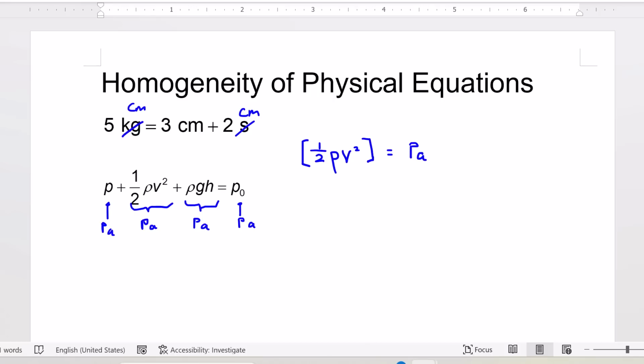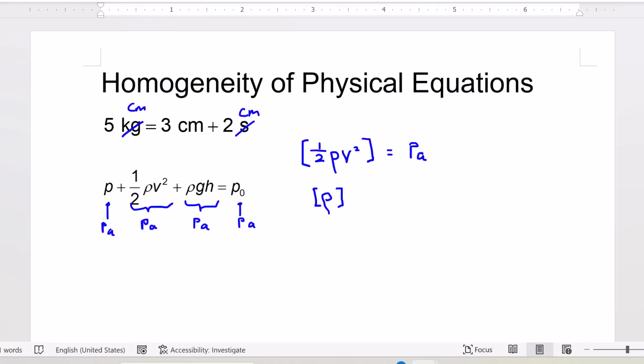So now let's just work with the stuff in the bracket here, the left hand side of the equation. Half has no unit, so we can just ignore half. The unit for rho is what we are after, so the units of rho. I forgot to mention, I use this square bracket to denote the unit of. So when you see square bracket of something, just read it as the units of that thing.